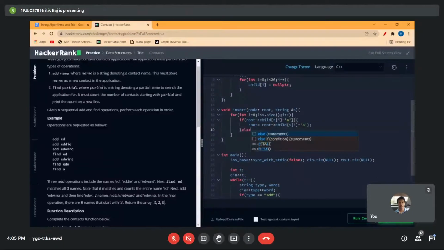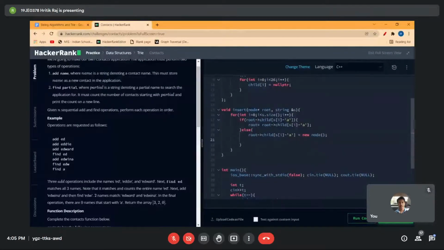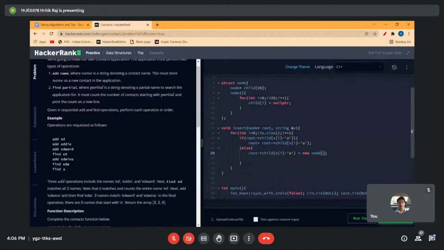Otherwise, if it is not present, then we will make a new node. This new node is an important thing.